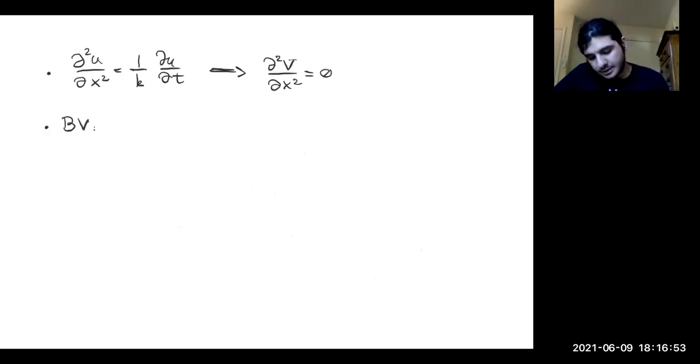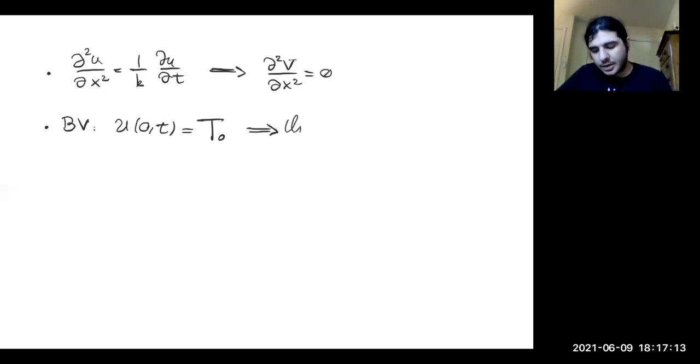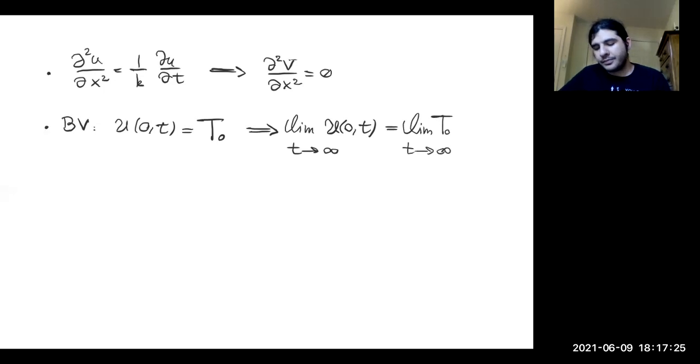One of them was telling us that u at the point 0 and t is equal to t naught. Now I want to see what would be the corresponding condition for v. Let's take the limit from both sides and send t to infinity. We would have the limit of u of 0 and t, where t goes to infinity, equal to the limit of this constant t naught as t goes to infinity.